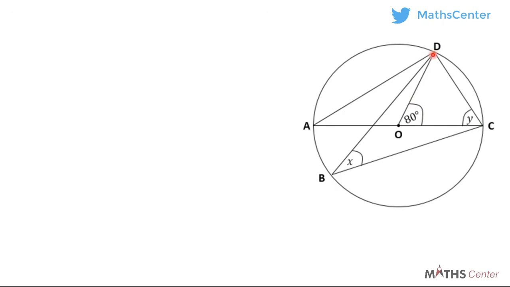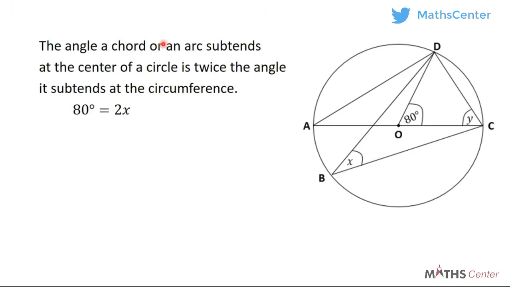The same chord DC, from D to B and from C to B, an angle is also created at the circumference. We know a relationship that exists between chords creating angles at the center and chords creating angles at the circumference. What is that relationship?